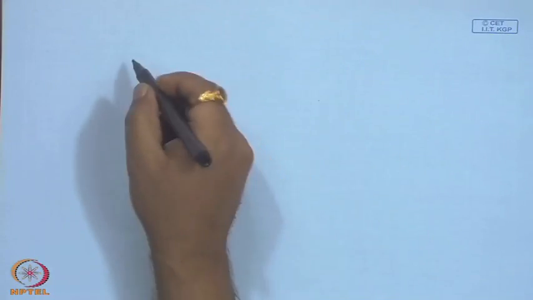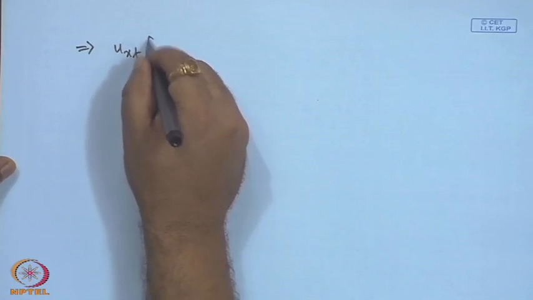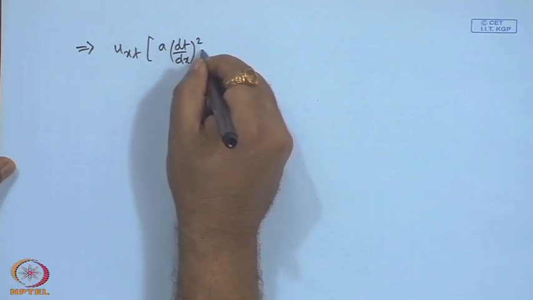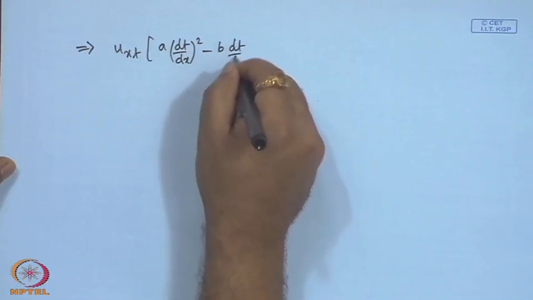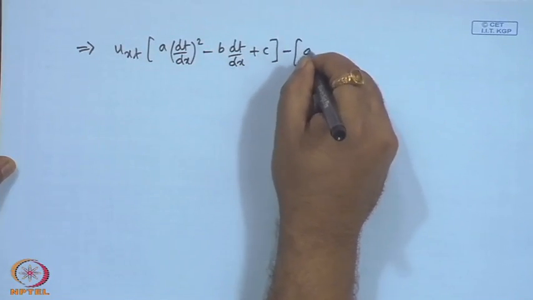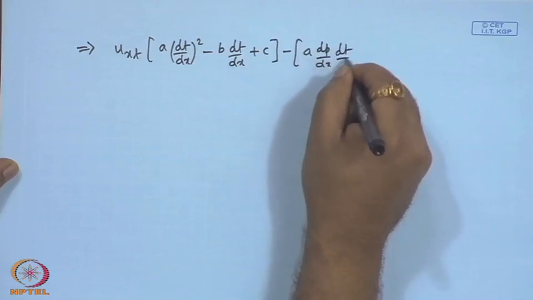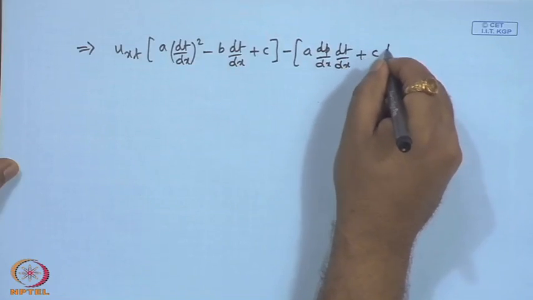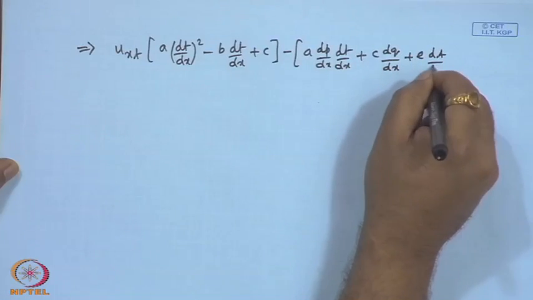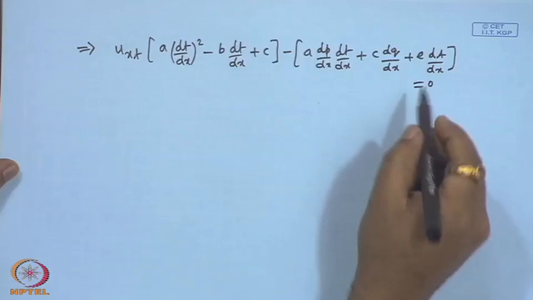So, if we do that, we get u x t. So, we get this.